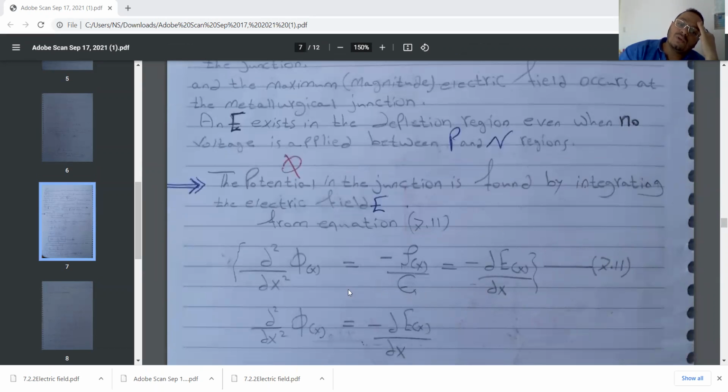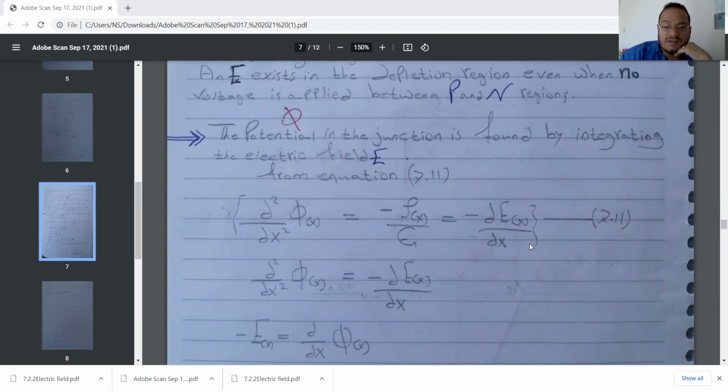But now we will start to calculate the potential. In this lecture, we will use the same equation, but to calculate another element. This element will be the potential in the junction, okay?